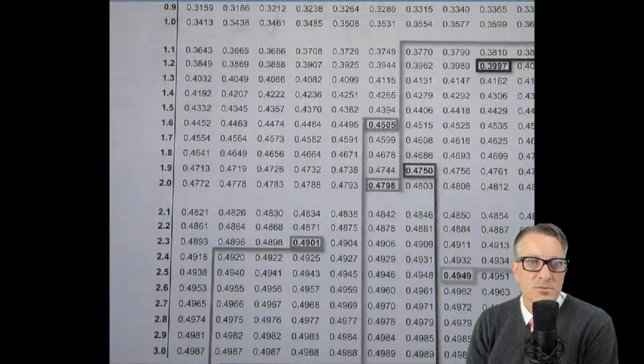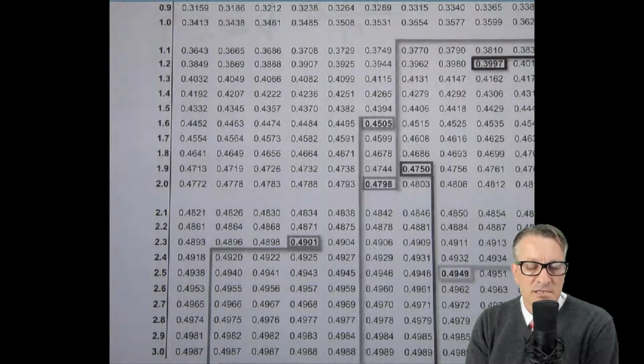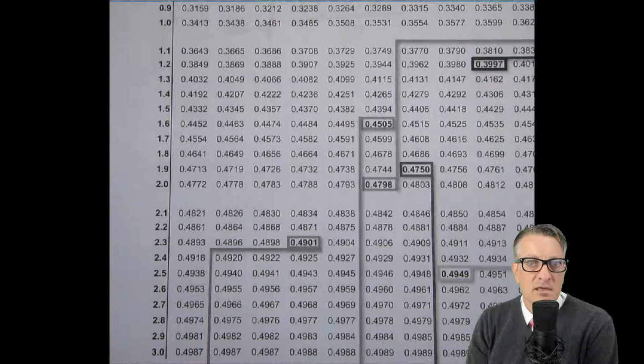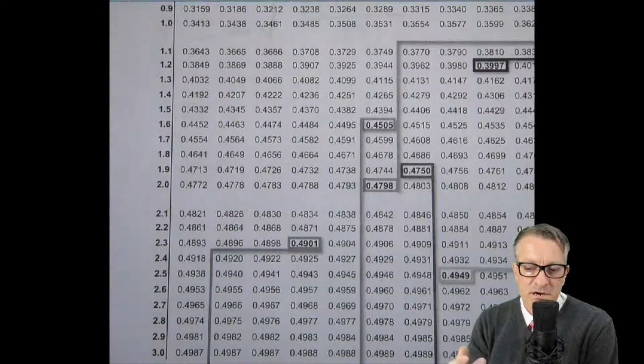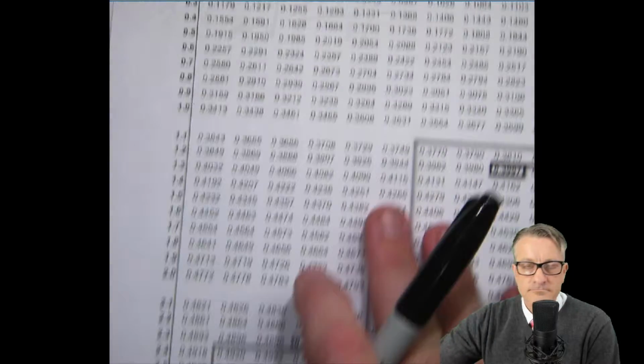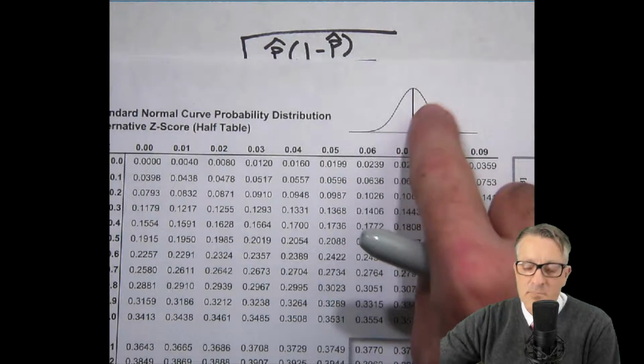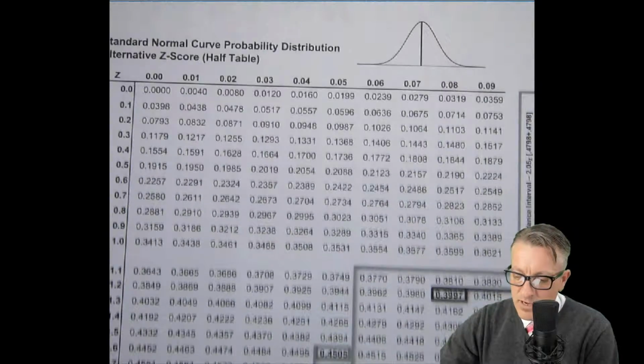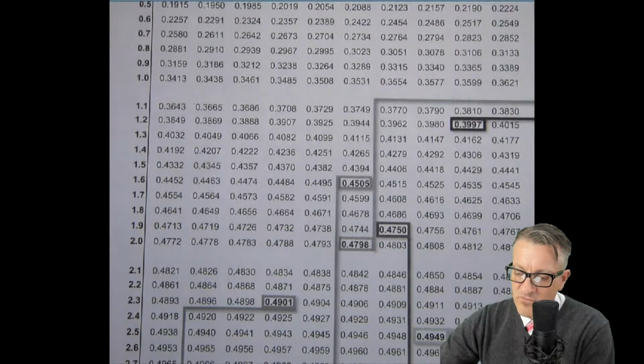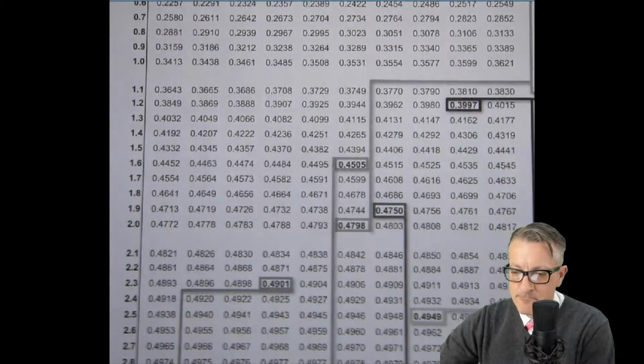So something to remember with confidence intervals: we're using the area of each side, which means the inside probability under the standard normal distribution, but we're using both. We're using the area that's close to the middle, and when we add that up, we get 90% that way. 0.45, 0.45, we get 90%.